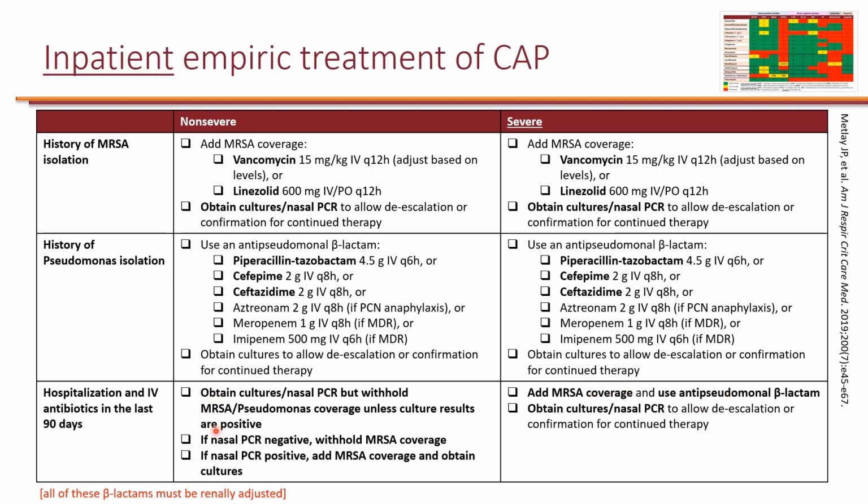But for non-severe, you can actually take a watchful strategy. So, as long as the patient is stable and improving, you just wait for the culture results to come back. But you do start antibiotics for the usual pathogens. So you do start your ceftriaxone and azithromycin if you need to.